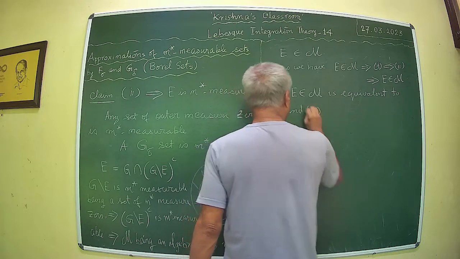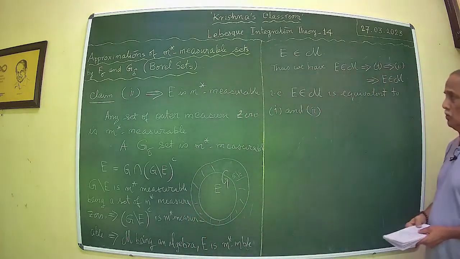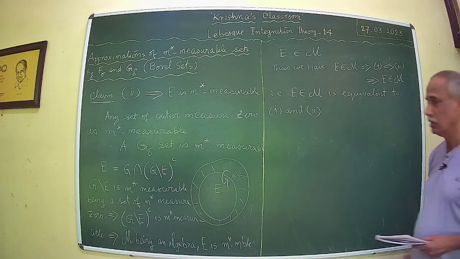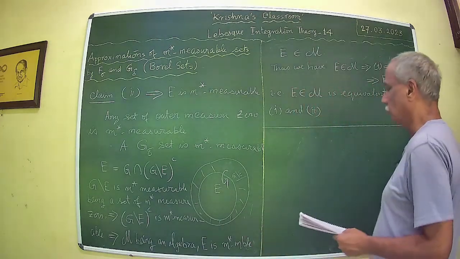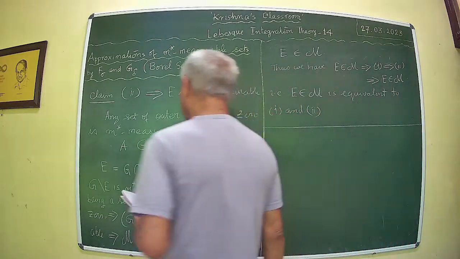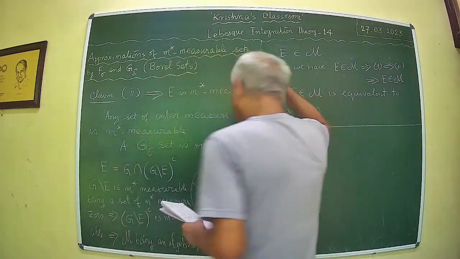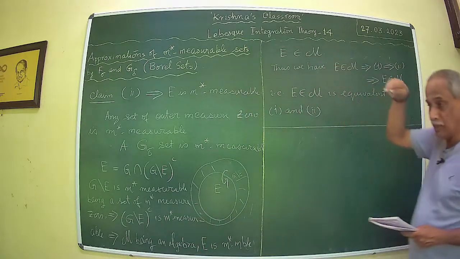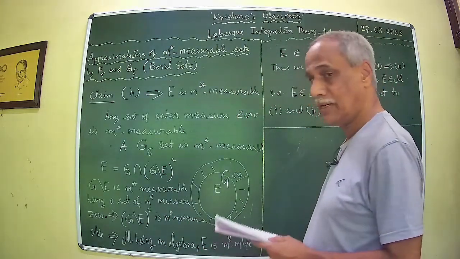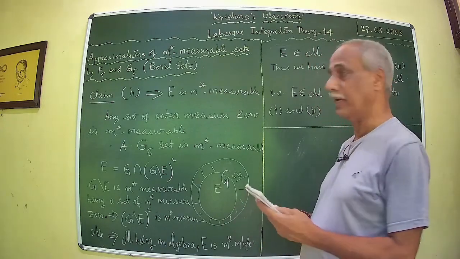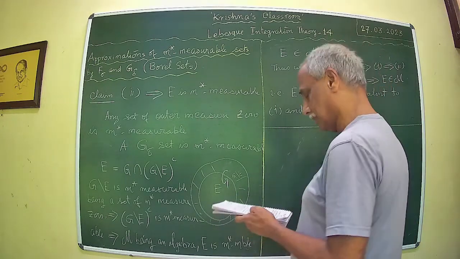Okay. What next? Now what we are asserting is that an M star measurable set can be approximated from inside by an F sigma set.